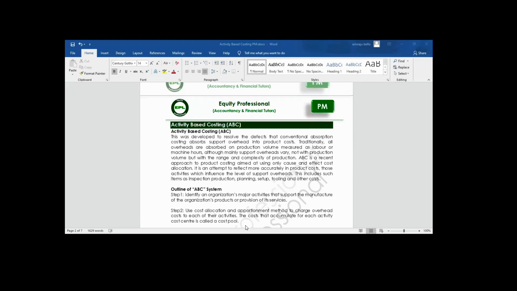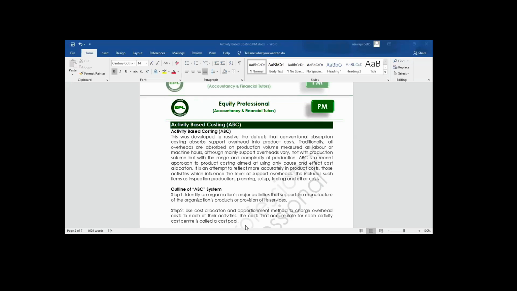For example, our company manufactures 3 products. We have Coca-Cola, we have Fanta, we have Sprite. Any cost incurred that can be traced to a bottle of Coke will be allocated to a bottle of Coke.